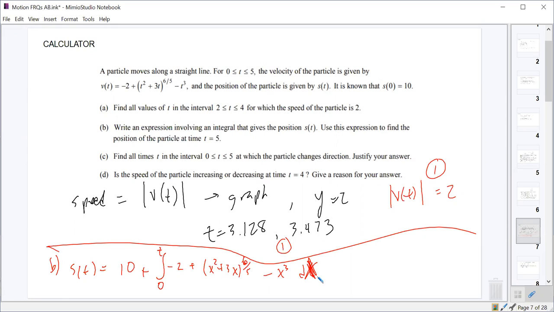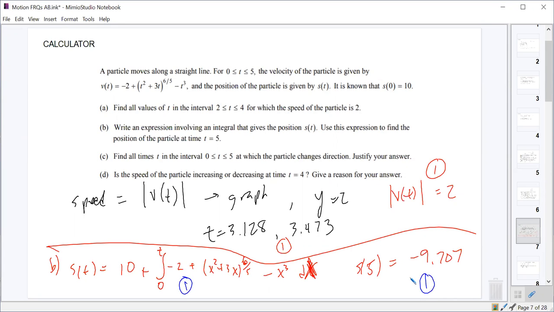So 10 plus the integral from 0 to t of v of x. And then just evaluating that at 5 means you just plug in 5 and evaluate that integral. So you could say that s of 5 was -9.207.